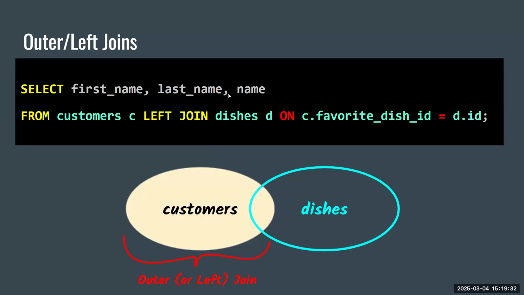We're getting the first and last names and the name of the dish from these two tables. From customers, that's obvious, self-explanatory, I hope. Left join dishes. On, this is the foreign key field in the customers table that refers to the primary key in the dishes table.